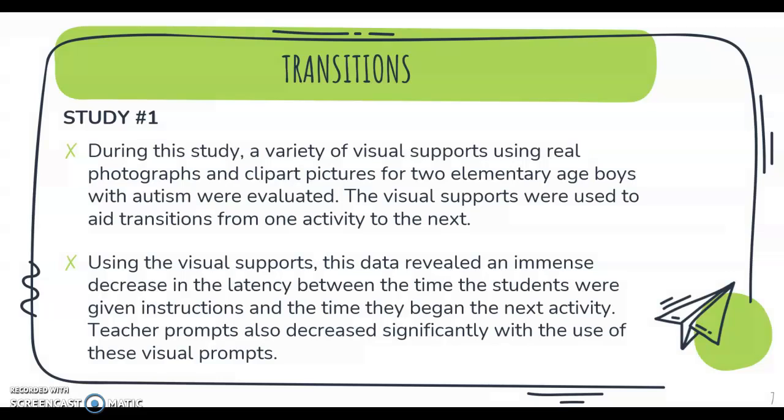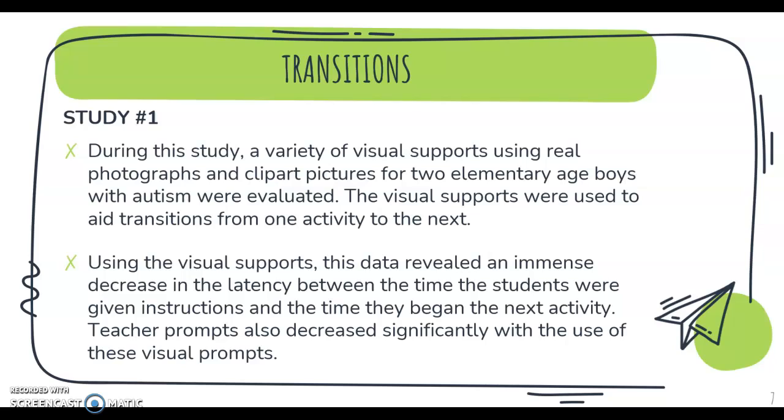The first study that was looked at is one of the studies that demonstrates how visual prompts combined with instruction can improve behavior during transitions. During this study, a variety of visual supports using real photos and clip art pictures for 2 elementary age boys were evaluated, and both of these boys had autism. The visual supports were used to aid transitions from one activity to the next.